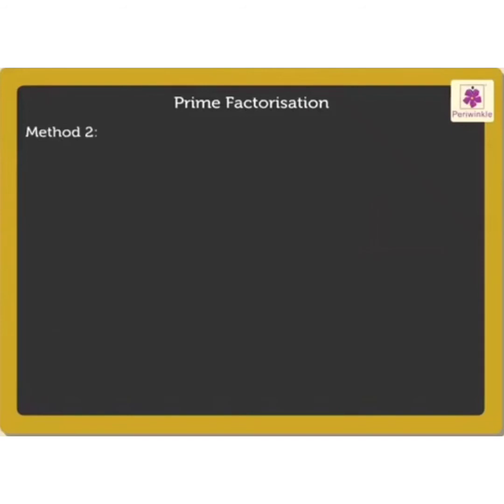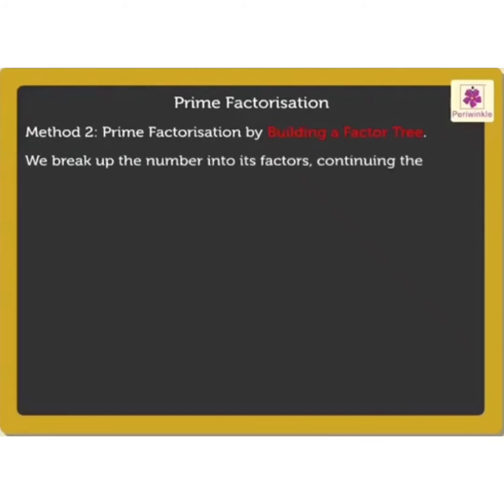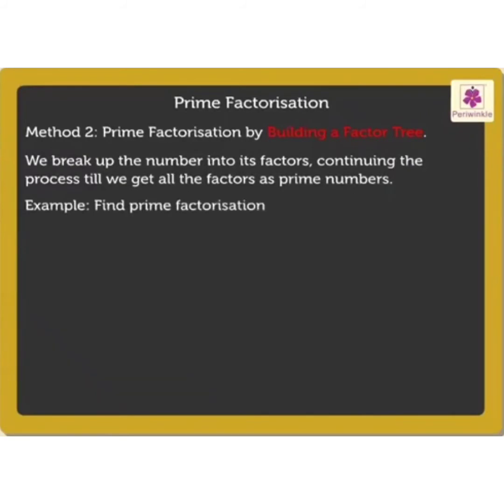Now, let us look at the second method, prime factorization by building a factor tree. In this method, we break up the number into its factors, continuing the process till we get all the factors as prime numbers. Let us take one example.